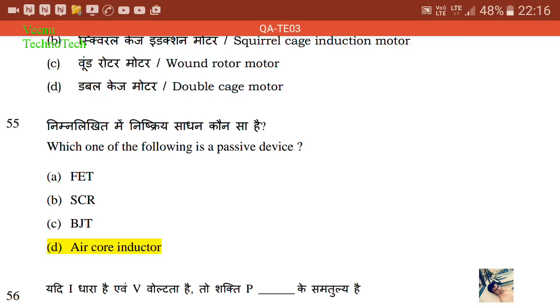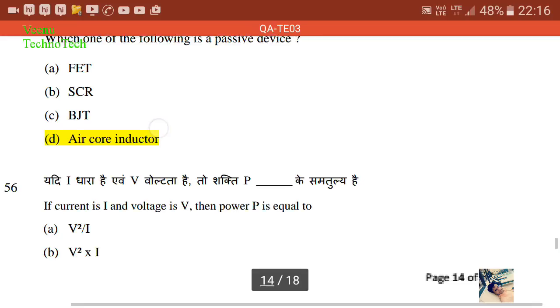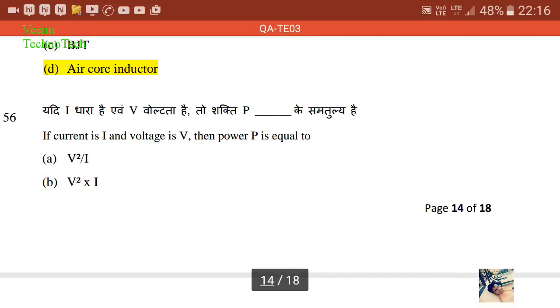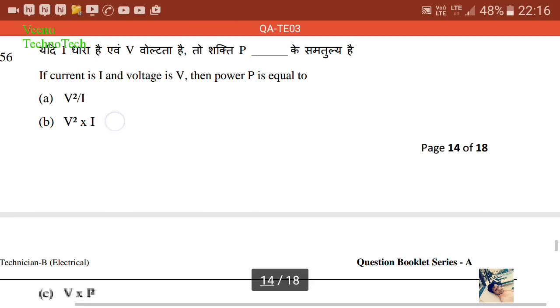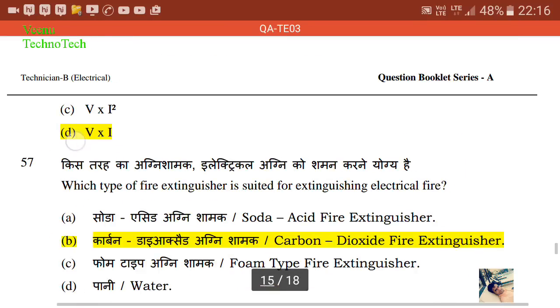FET active device, SCR active device, BJT active device, air core inductor is a passive device. So correct answer is D. Next, if current is I and voltage V, then power is equal to, friends, the formula of power is I into V. So correct answer is D.